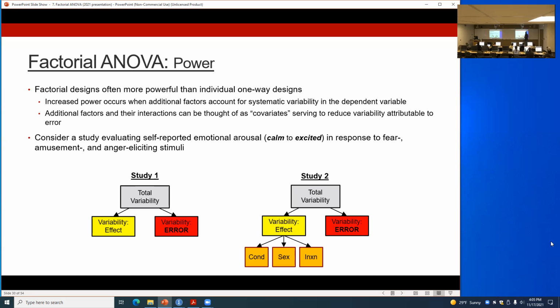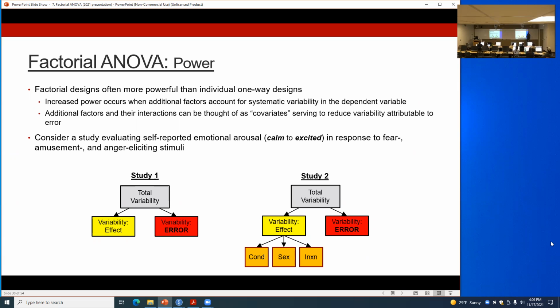And if I have a smaller denominator in my F statistic, Josiah, what happens to my F ratio? Yeah, it's increasing. I'm reducing the noise in my model. I have fewer things that are unaccounted for, and as a consequence my power is in general going to increase.